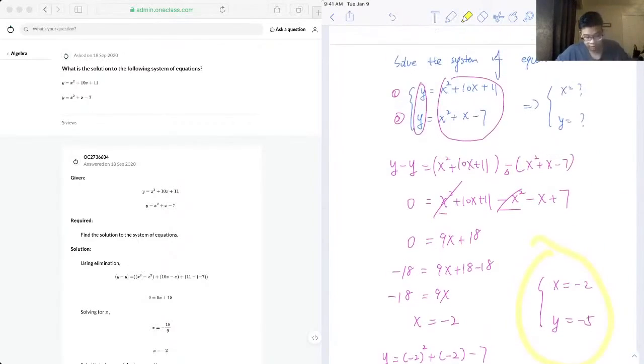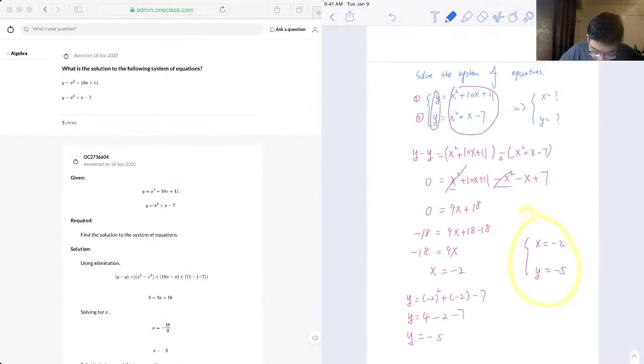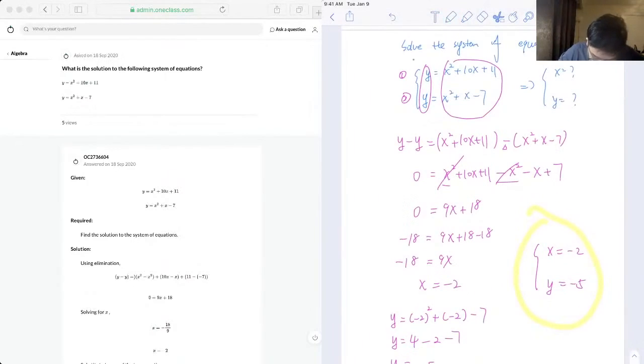Whenever you come across a question that asks you to solve a system of equations, after getting your final result, you can always substitute back into the original equations to check if your answers are correct or not. So in this case, I'll just copy down the original question.